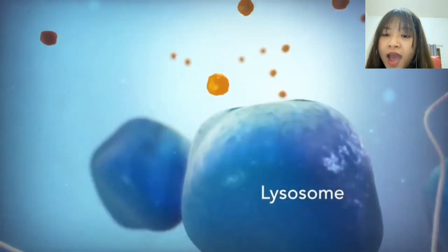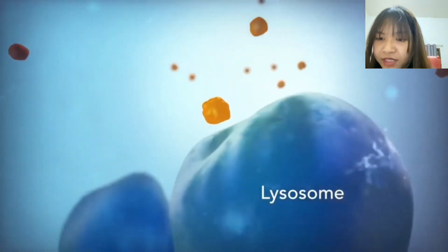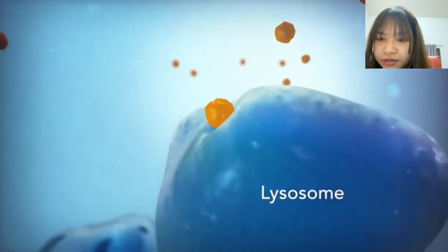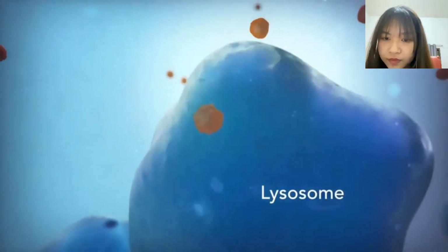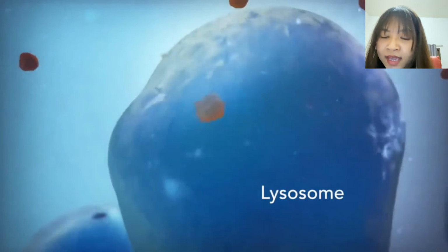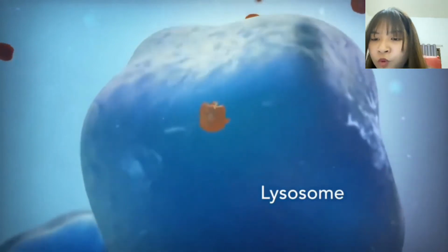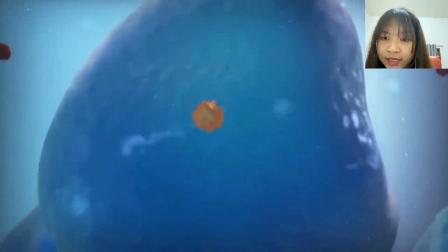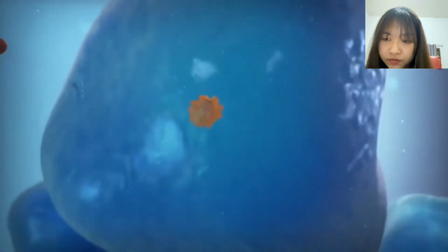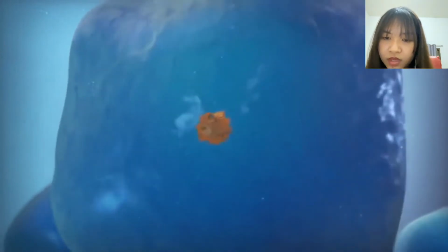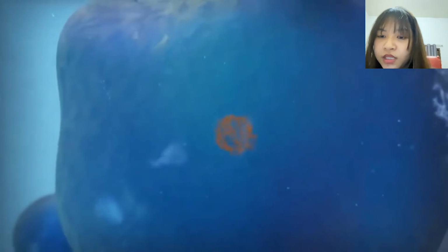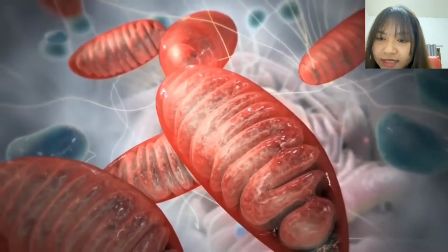Lysosomes are the garbage collectors that take in damaged or worn-out cell parts. They are full of enzymes that break down these cellular debris.